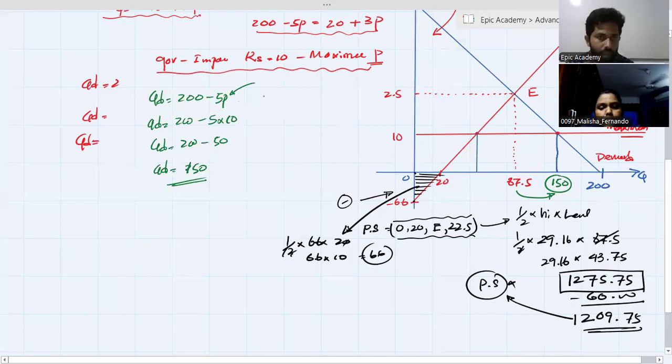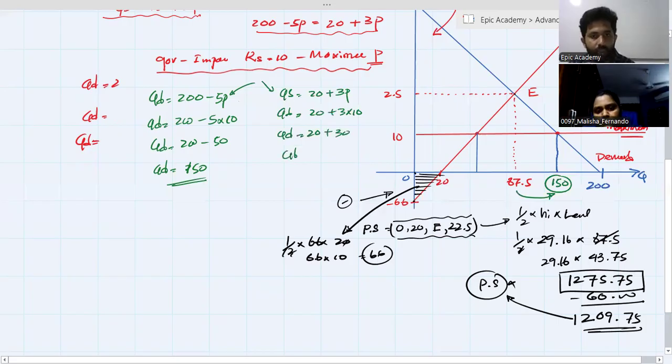Yes. And again, just use the old QS equals 20 plus 3P. And QS equals 20 plus 3 multiplied by 10. QS equals 20 plus 30.